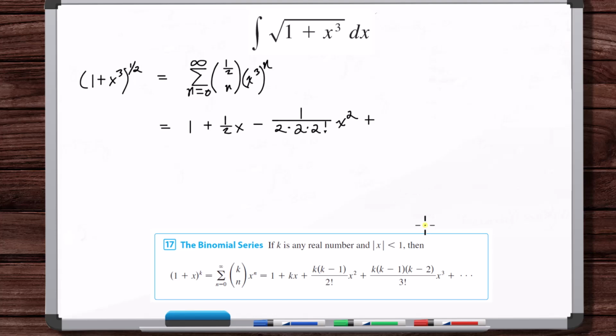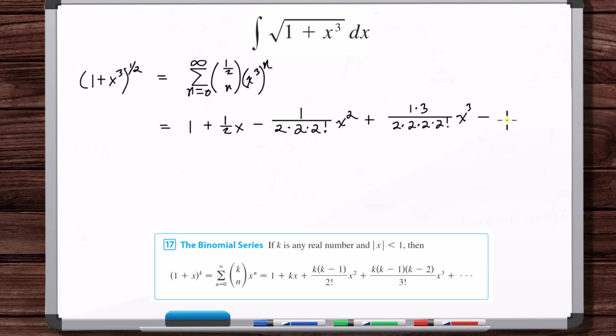So we're going to have 2 times 2 times 2 times 2 factorial, and then 1 times 3 x cubed, and then negative. And I'm assuming that 1/2 minus 3 is going to be minus 5/2. So yeah, we see the pattern.